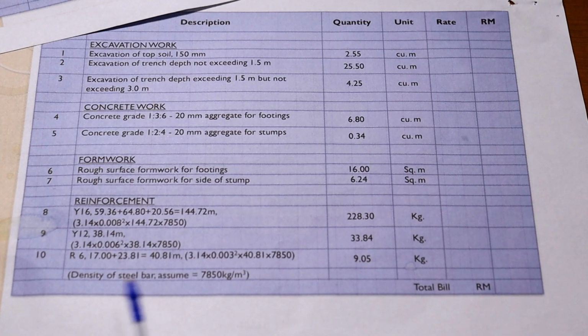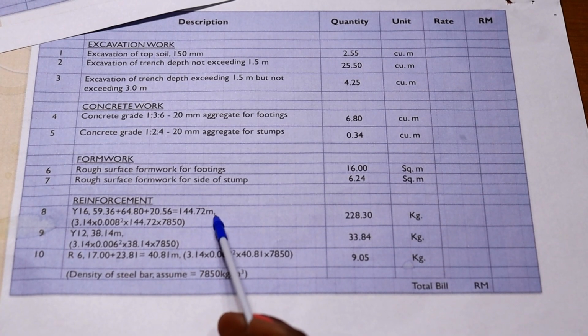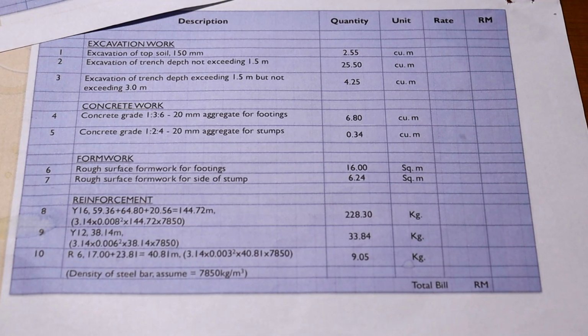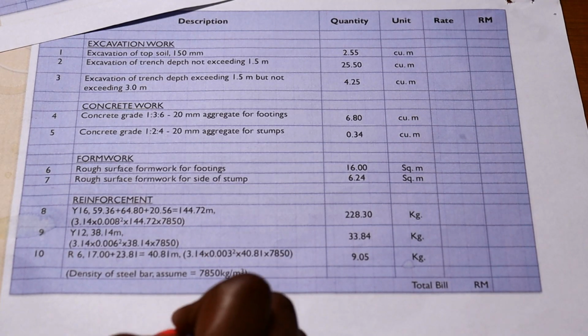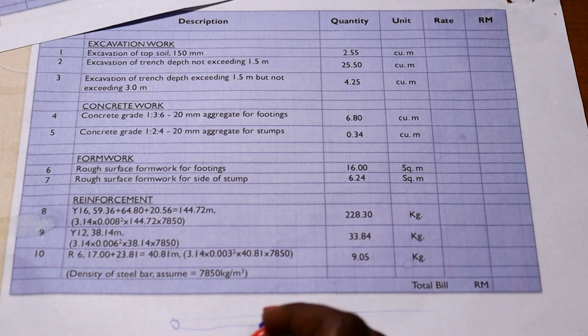How do we find the kilograms of 144.72 meters? A reinforcement bar is like a cylinder, so we take pi r squared, the cross-sectional area, times the length.